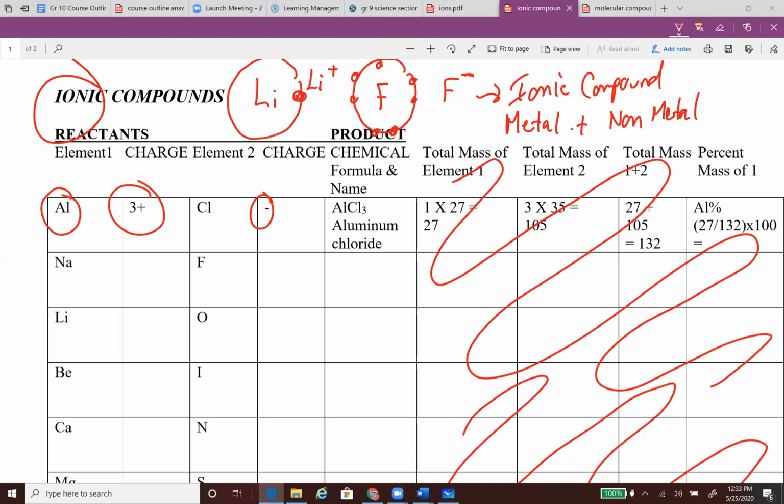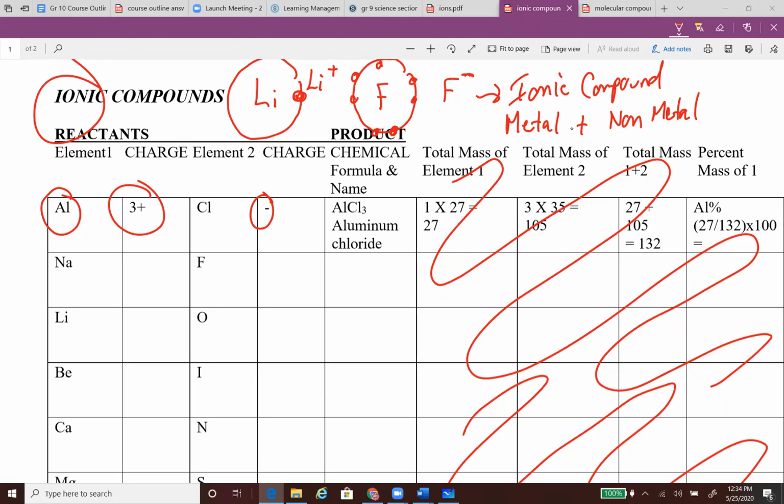So they can form an alliance. They can come together and form a compound called aluminum chloride. You'll notice the metal's name is the same because metals lose electrons. Their name stays the same. But chloride, why did its name change? Because it picked up electrons.